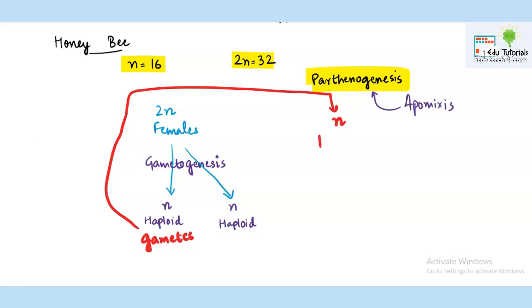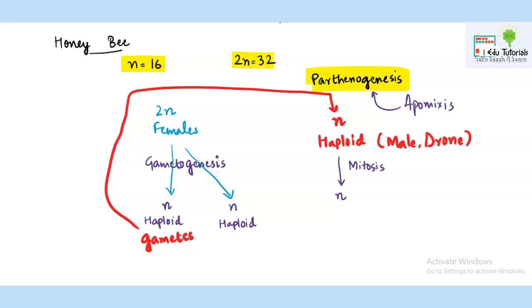This N, of course, is going to be haploid and it is going to be a male, and that male will be known as drone, right? Now this male, because it is already haploid, if it has to increase its number, it will undergo the process of mitosis wherein it will form haploid individuals only, and these will be drones only, right?